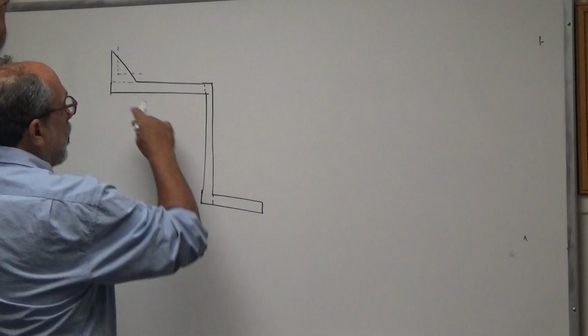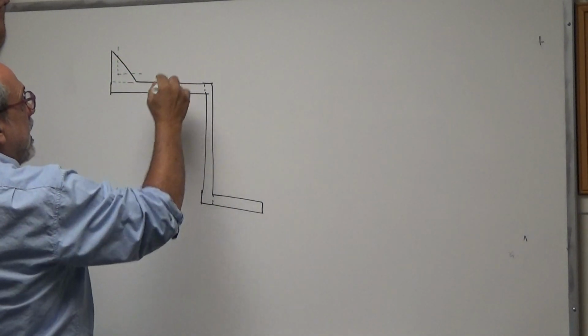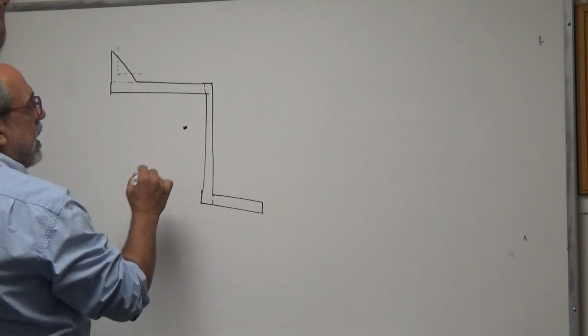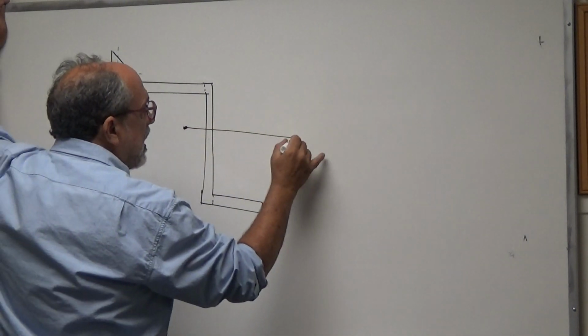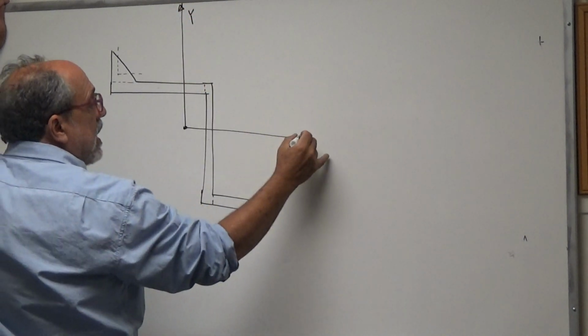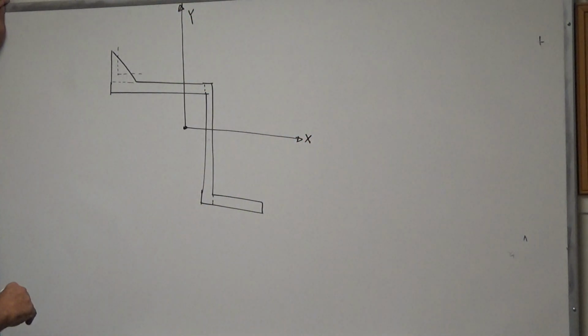So let's say that we go through and we calculate the centroid, and the centroid happens to be here. And we have the x-axis and the y-axis. And so we want to calculate IXY.